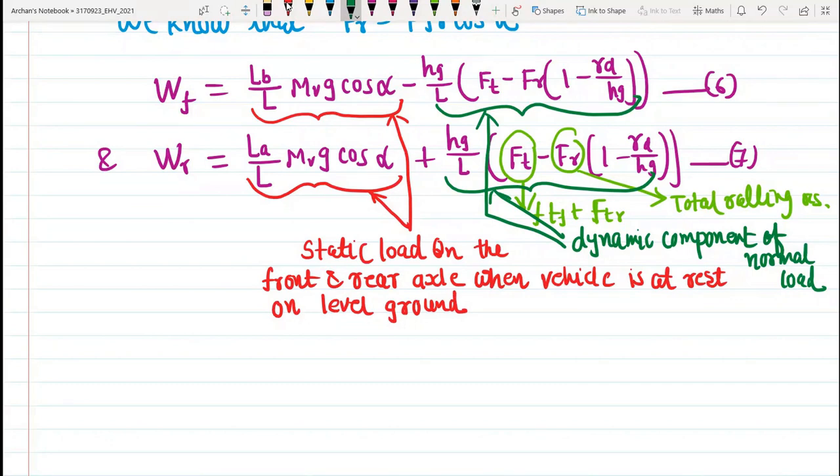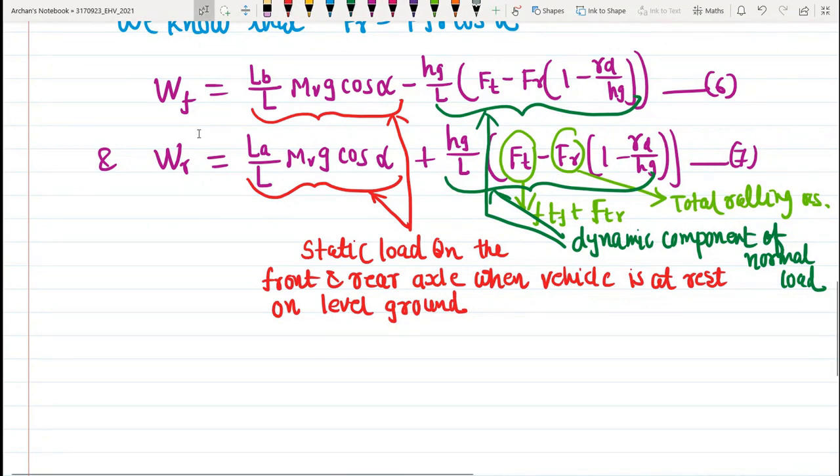It is also referred to as the frictional coefficient in some books or literature on electric vehicles. So the maximum tractive effort is the product of the normal load and the coefficient of road adhesion.